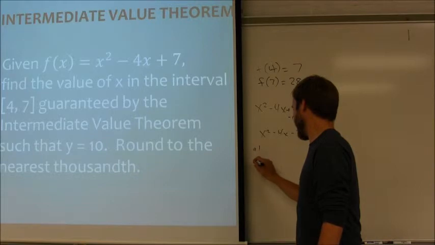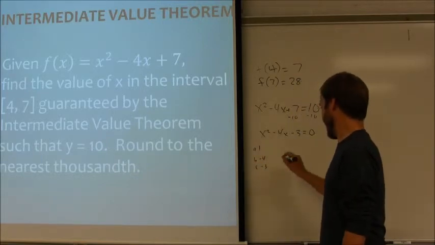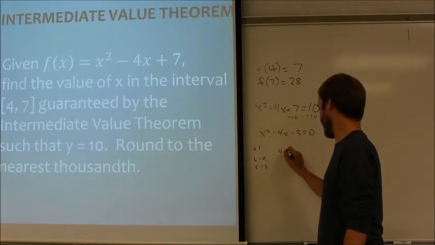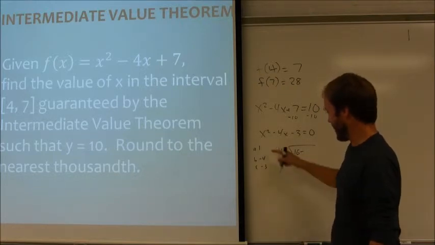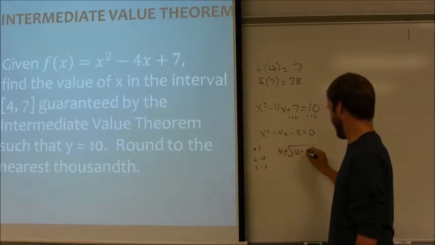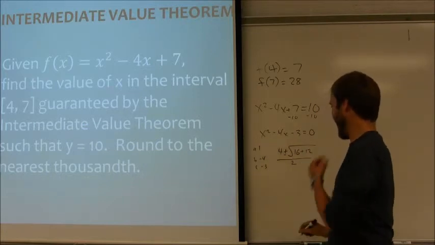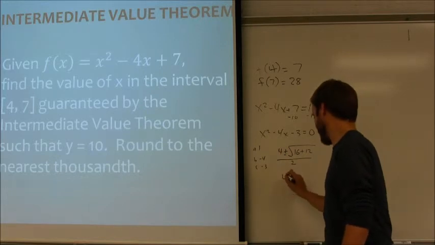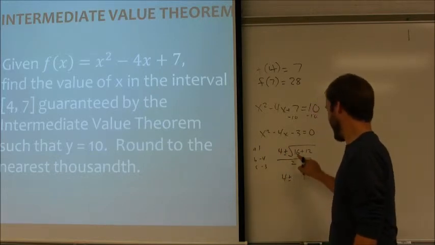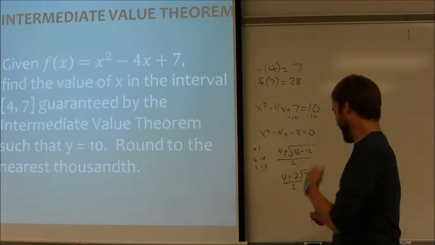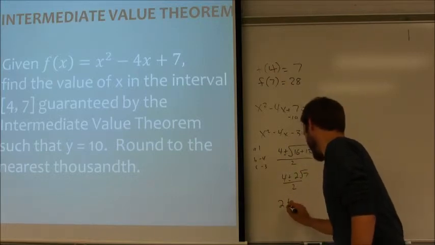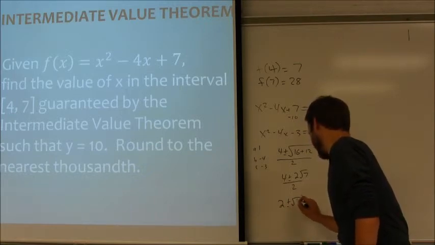A is going to be 1, B is going to be -4, C is going to be -3. x equals -b plus or minus the square root of b squared minus 4ac. -4 times 1 times -3 is 12, all over 2 times a. And if I simplify this, that's going to be 4 plus or minus, this is radical 28, which is 2 radical 7, all over 2. I can simplify this down, that's going to be 2 plus or minus radical 7.